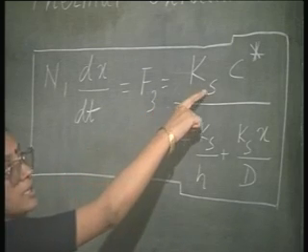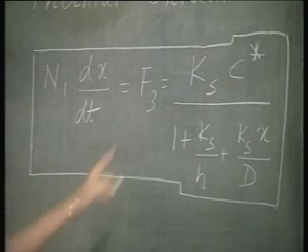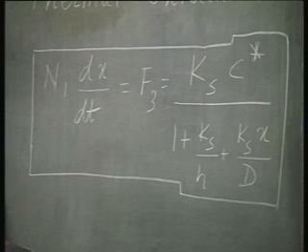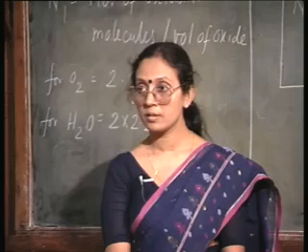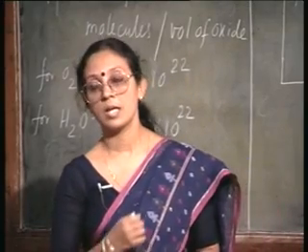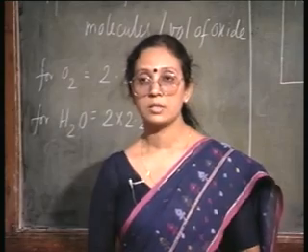This is actually Ks times Ci. I have related Ci with C star divided by 1 plus Ks by H plus Ks x by D. And now I am going to equate that with the number of oxidant molecules per unit volume multiplied by the oxide growth rate dx dt. I will equate that, solve the differential equation subject to the initial conditions and obtain the expression for oxide growth rate in the next class.